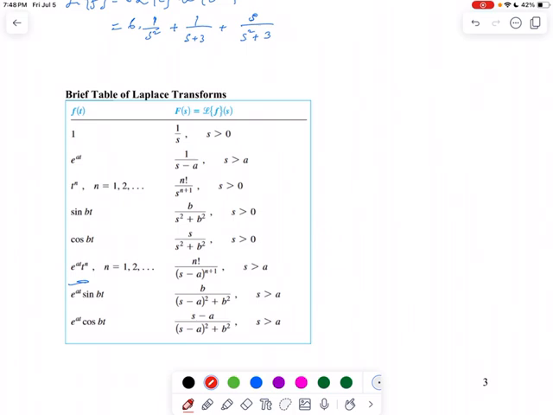So here are some formal transforms given. If I have t to the n, t to any power, this is how it goes. The Laplace transform will be n factorial over s to the n plus 1. I hope you guys know n factorial.